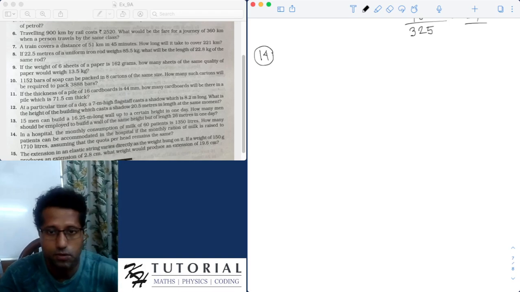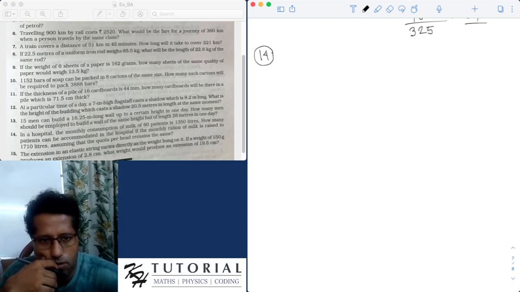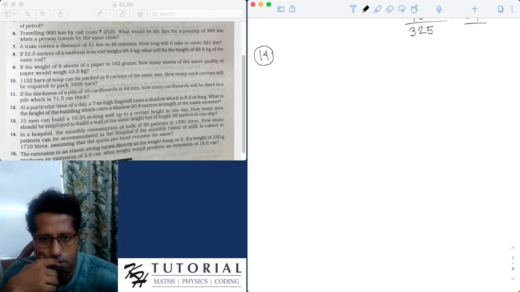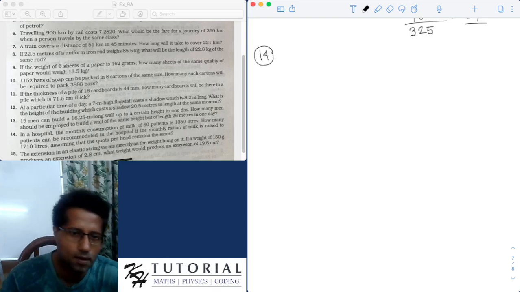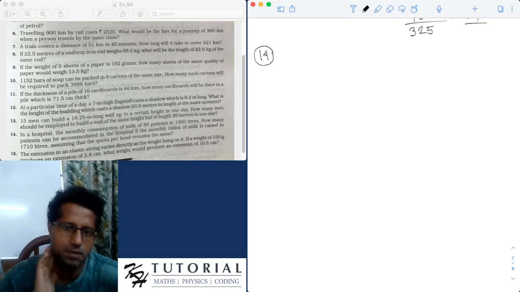How many patients can be accommodated in the hospital if the monthly ration of milk is raised to 1710 liters, assuming that the quota per head remains the same?